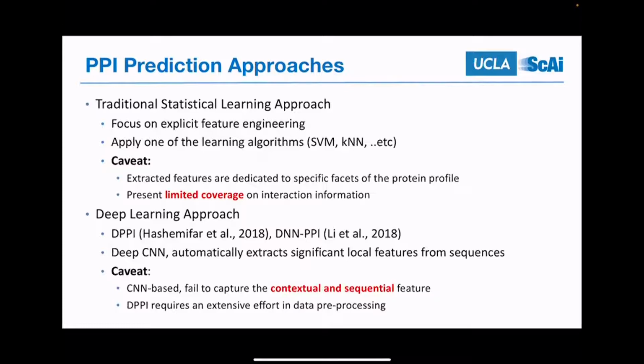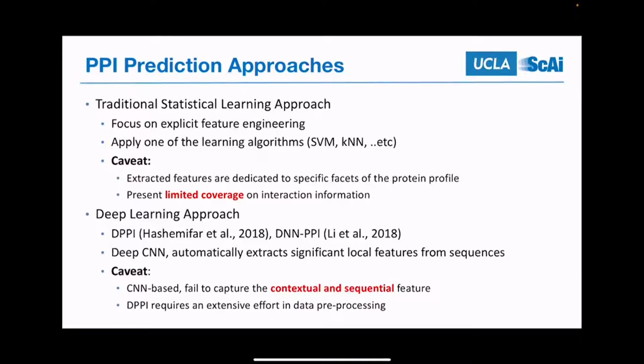The second group of approaches is newer, the deep learning approach. So far it has mostly been convolutional neural network based approaches. For those approaches, we know CNN is not designed to capture sequential features.